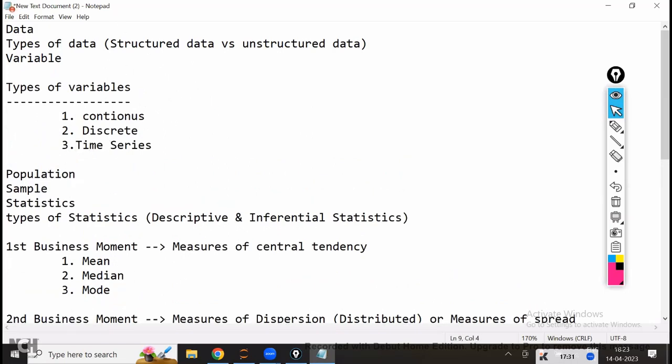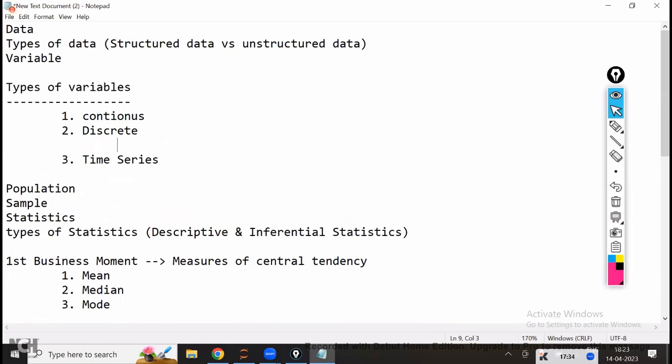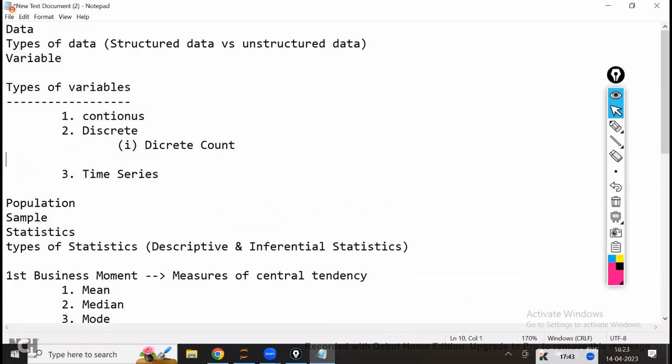Within the discrete variable, again I have discrete count, and one more, discrete categorical. These are all the things we have covered. Discrete variable is also called qualitative data, whereas continuous variable is called quantitative data. So one is qualitative data and one is quantitative data. Within the discrete, I have discrete count and discrete categorical.